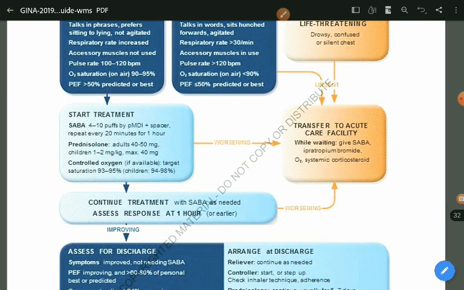Then we also give prednisolone 1 to 2 mg per kilogram, a maximum of 40 milligrams. Then if there is available oxygen, target saturation is 94 to 98%.